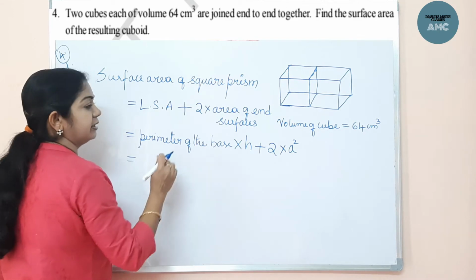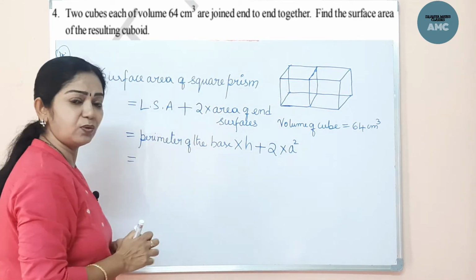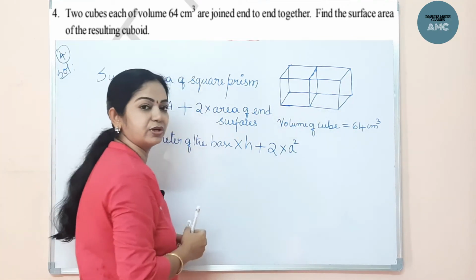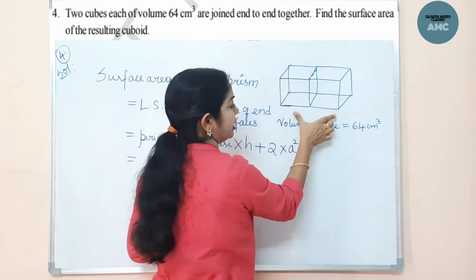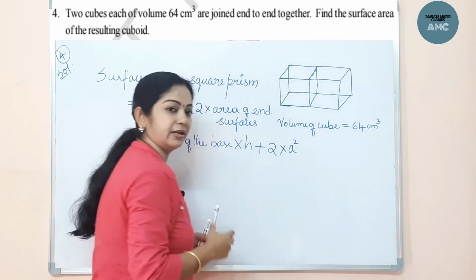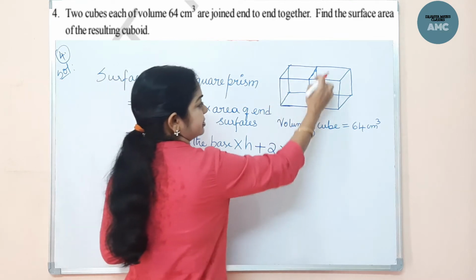Now, from the volume given here, the volume of one cube is 64. Now we have to find the dimensions of this combination: the length, the height, the breadth. From this figure we can clearly say that this is a cube.